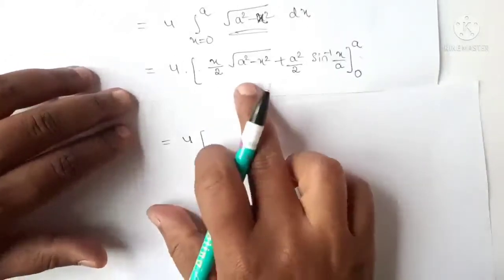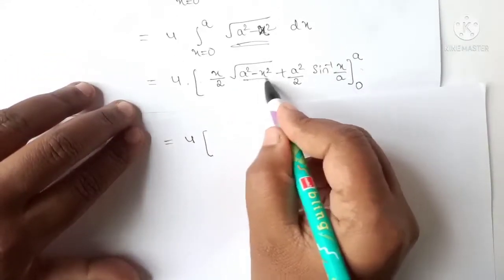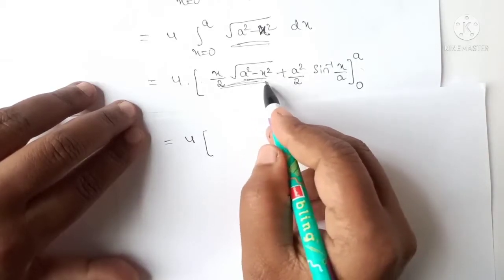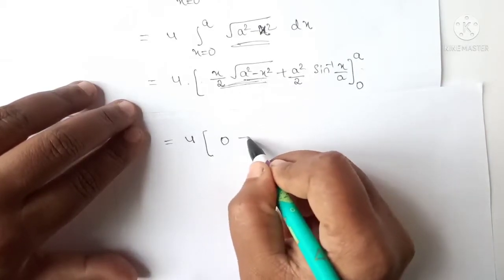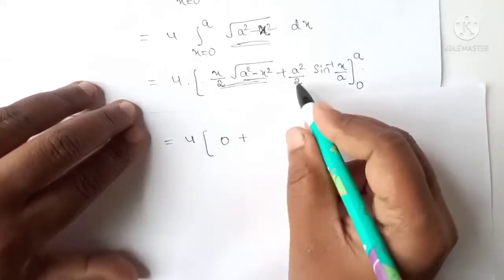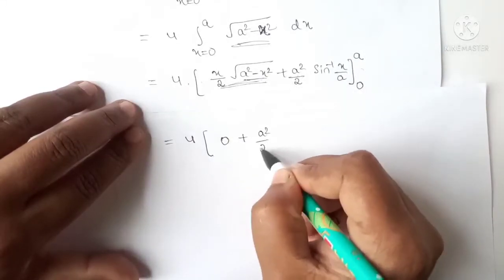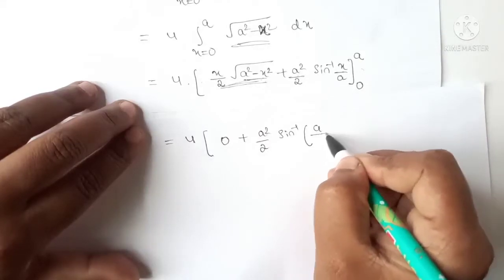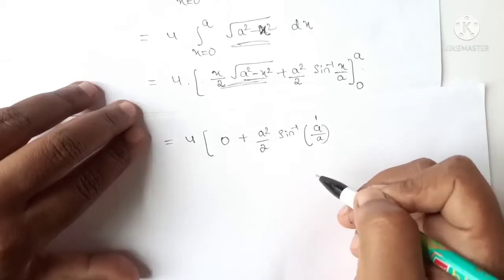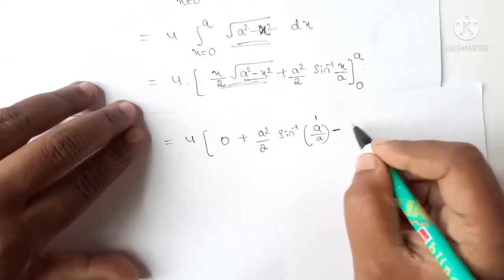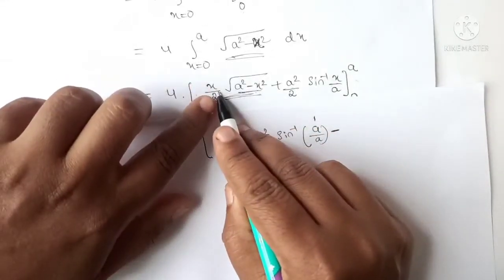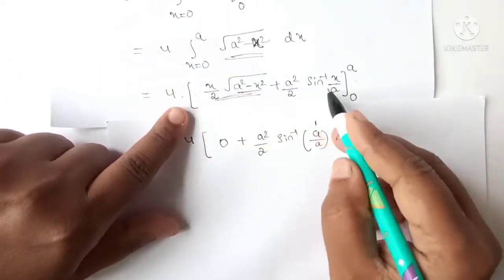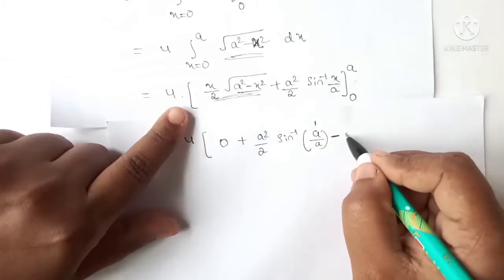Substituting x equals a, for this term a square minus a square cancels, we get 0 plus a square by 2 as it is, sine inverse of, substituting x equals a by a, that is sine inverse of 1, minus the lower limit. For the lower limit, substituting x equals 0, this term becomes again 0, minus sine inverse of 0, which we know is 0.